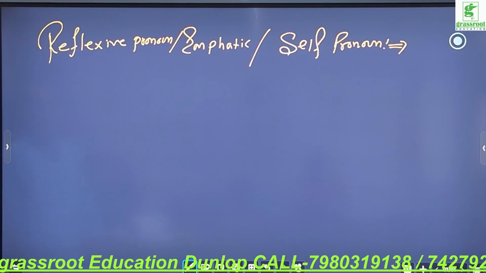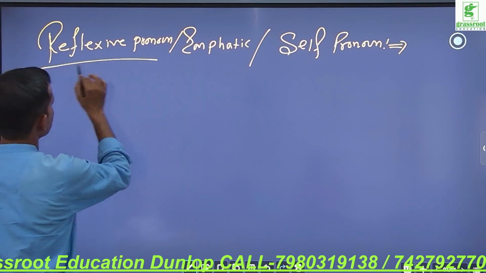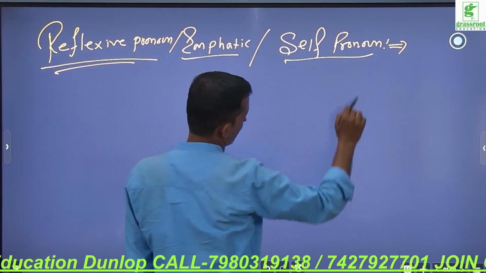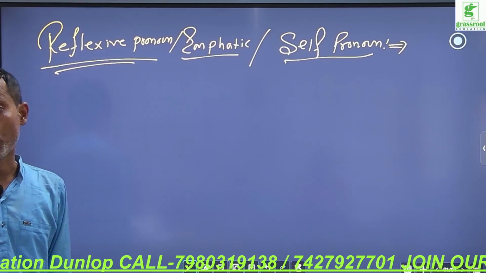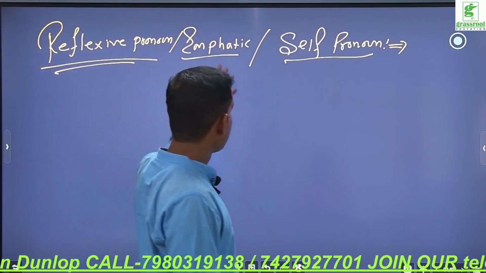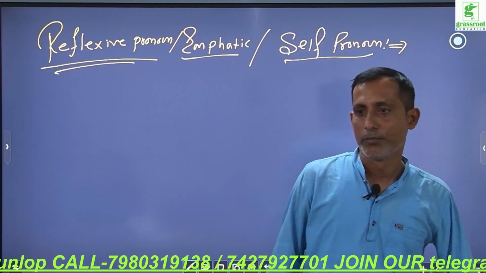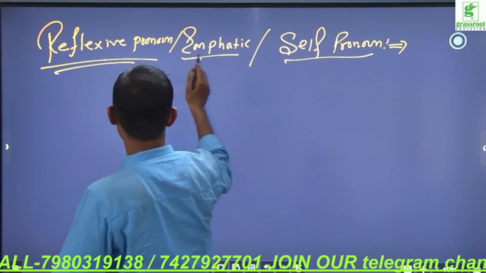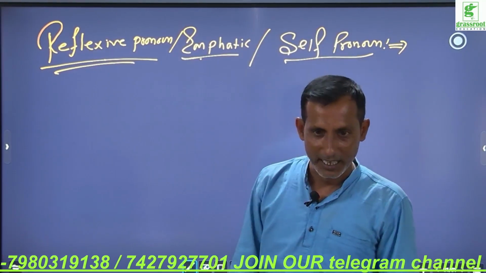So, reflexive pronoun, the other names of it are emphatic and self pronoun. But now we have to know what is reflexive, what is emphatic and what is self pronoun, because there is a slight difference between reflexive and emphatic. Is it clear or not?